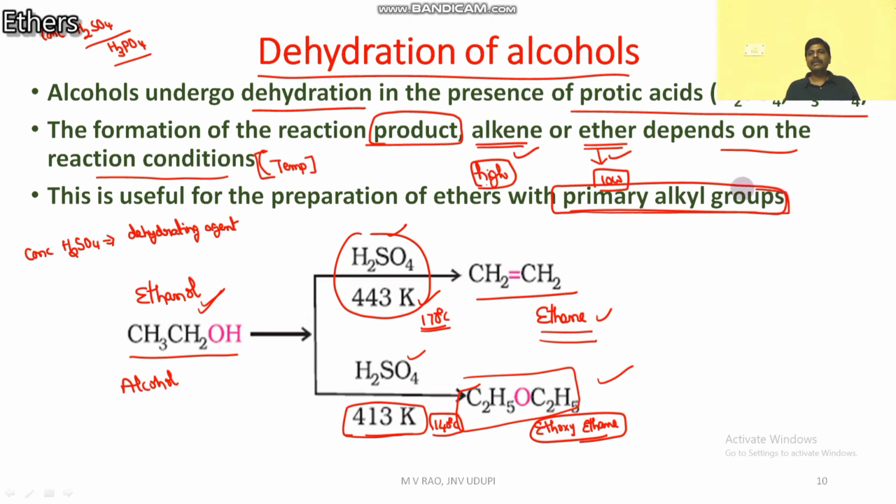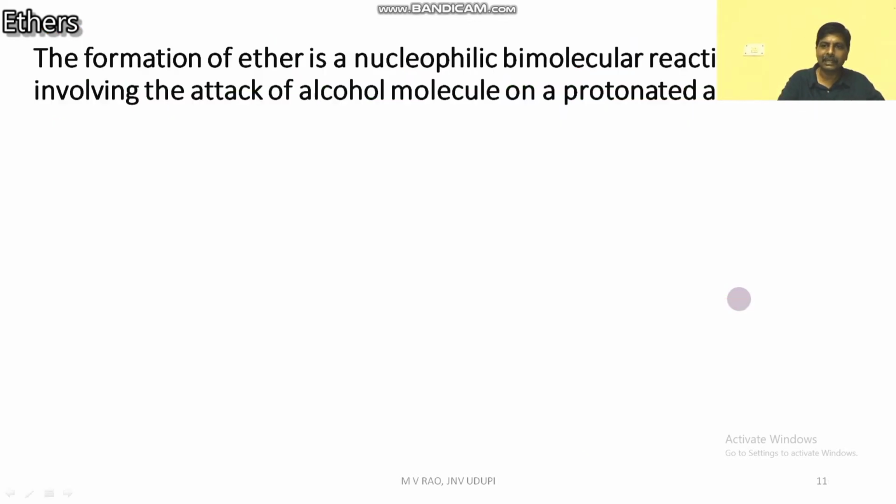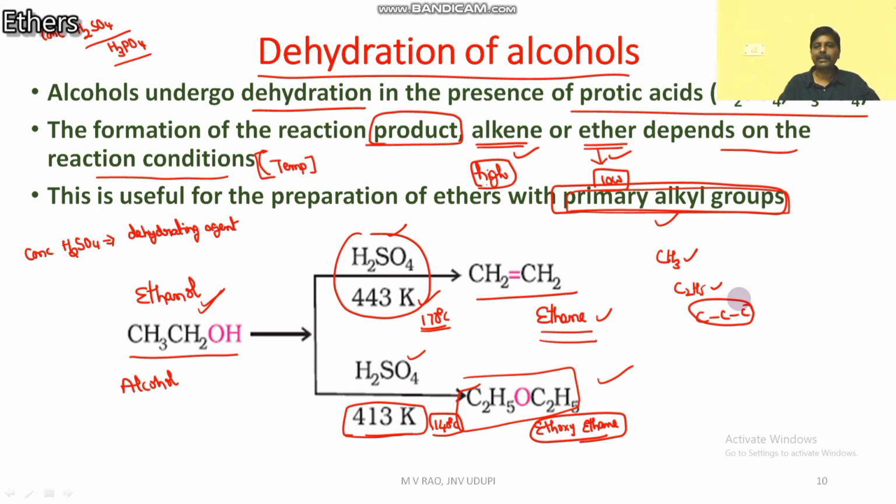In this method you can prepare ethers with primary alkyl groups like methyl, ethyl, n-propyl. If you want to prepare other types of ethers, then you have to go for the next method, that is Williamson synthesis.